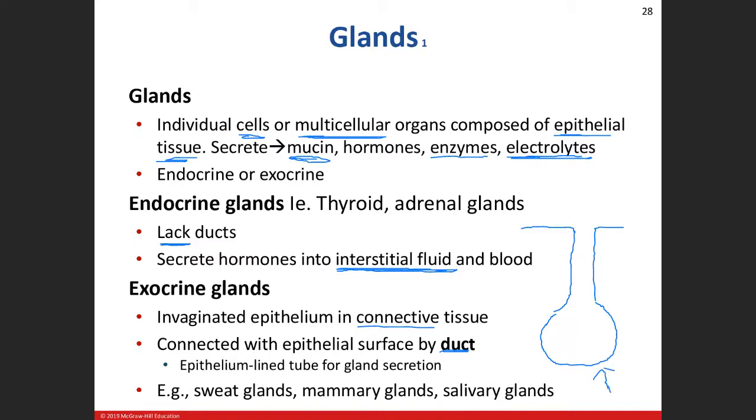We also call that the acini, and this makes all the stuff, whatever we're going to secrete, and then it gets pushed up into this skinnier portion, and that is the duct, all right? Or the conducting portion, okay? So several examples: sweat glands, mammary glands, and salivary glands. All right, we'll talk about some of those. All right, so surrounding the duct, we'll have connective tissue all over here to help support the ducts.